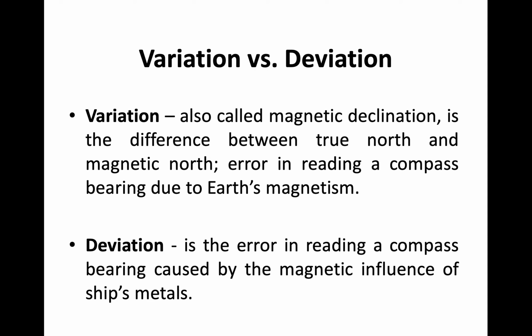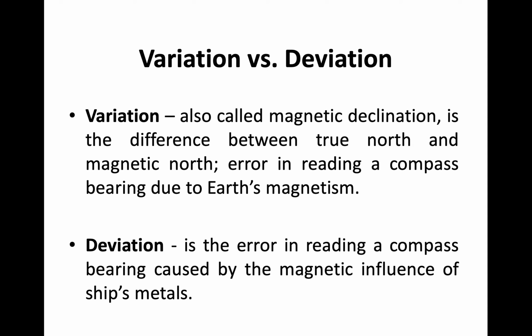Actually, guys, it's almost the same. However, this one is caused by the ship's magnetic influence. Since the ship is made of metal, and metals are always influencing magnets, the compass is naturally affected by it.